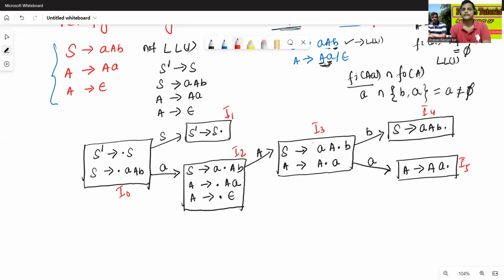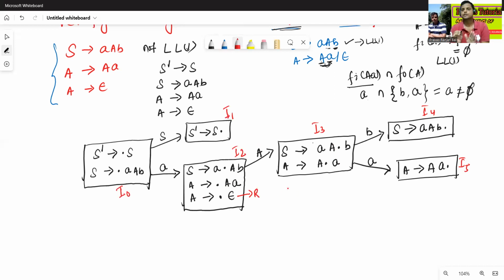Now we'll check whether there is any SR conflict or RR conflict. See, this is one reduce action, but there is no shift action. So there is no SR conflict in the I2 state. There is no SR or RR conflict in any state.